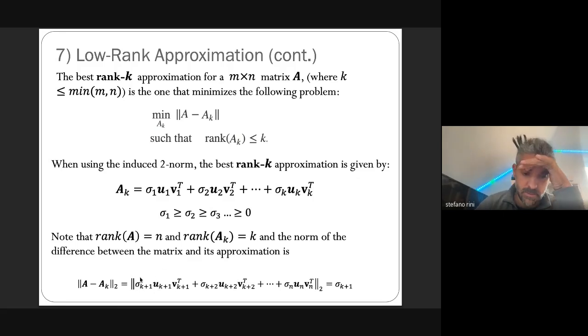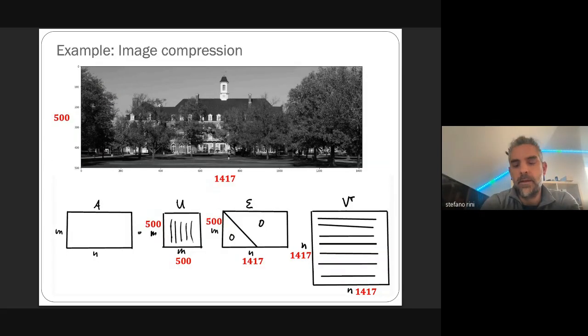This is also a matrix with certain singular values, and we know that the norm of this object is equal to the largest singular value. In this case, the largest singular value is the K plus 1 singular value, which is the first singular value that we throw away. So it is not difficult to imagine that this has a lot of useful applications.